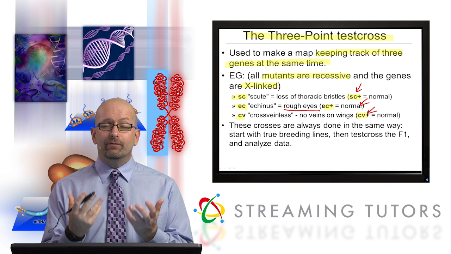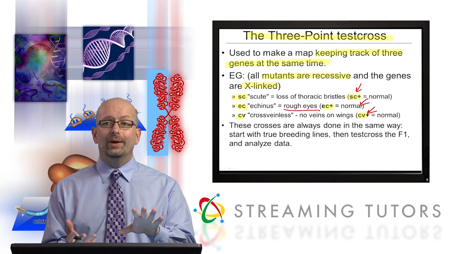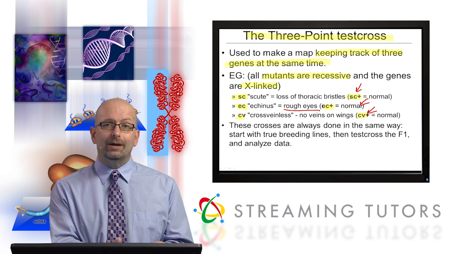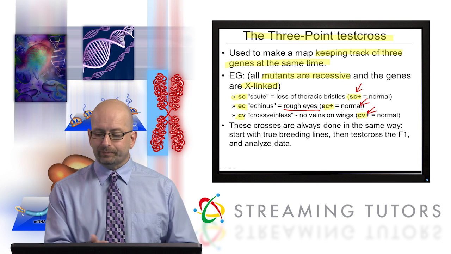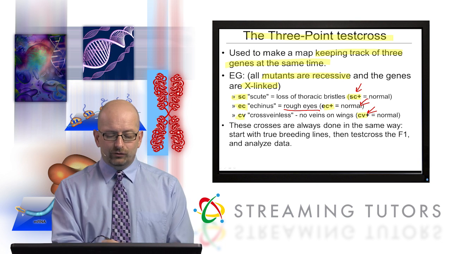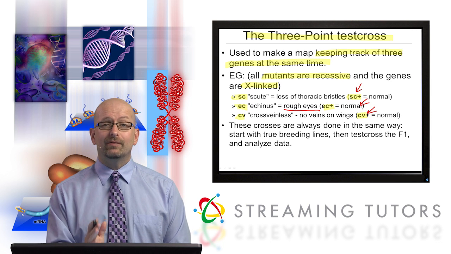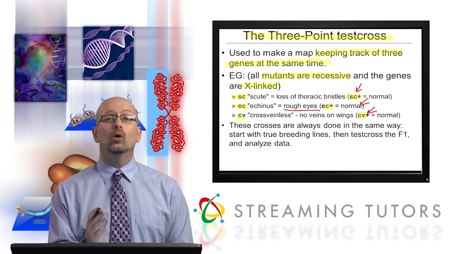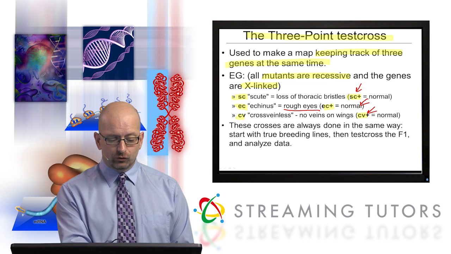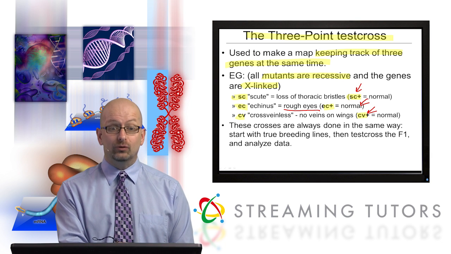So we have 3 loci where we have the normal version and a recessive mutation. All right? Now, when I say these crosses are always done in the same way, there are a lot of ways you can do things, but this type of analysis can only be done if certain conditions are met, and that means you should be used to this.